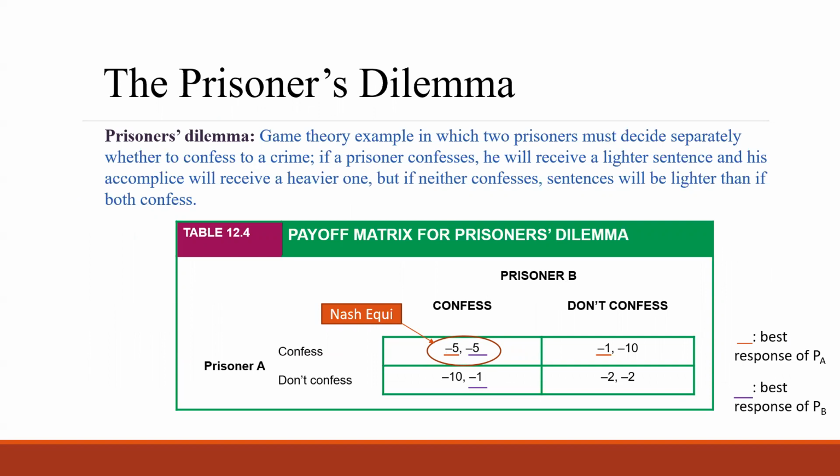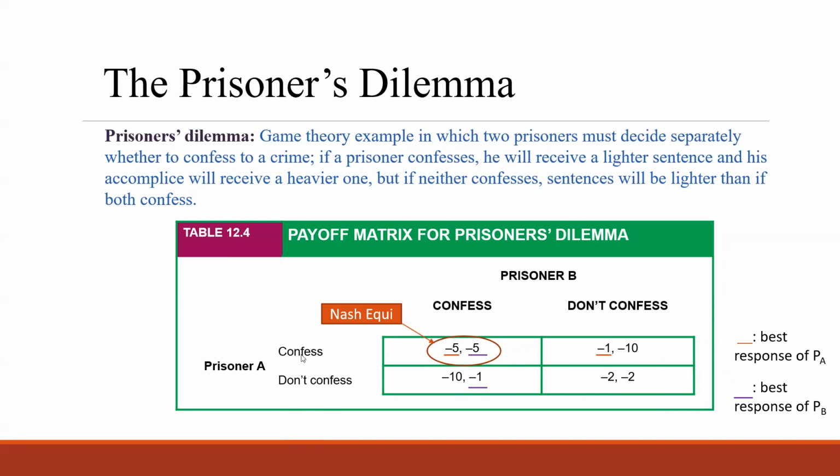Okay, so is that the best outcome? As we previously discussed, -2, -2 is the best, not confess. Nobody betrays the other, that's the best. But here, because everybody is blindfolded, you can't collaborate with the other player, and it's a non-cooperative setting.